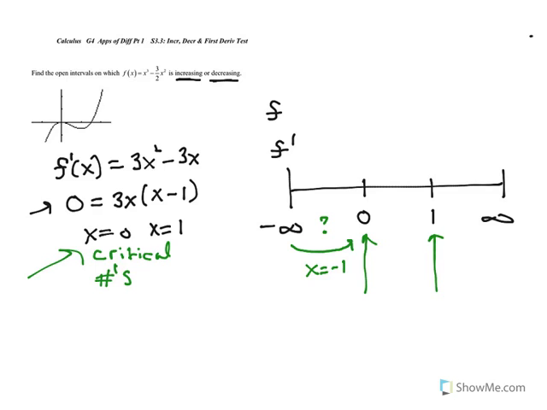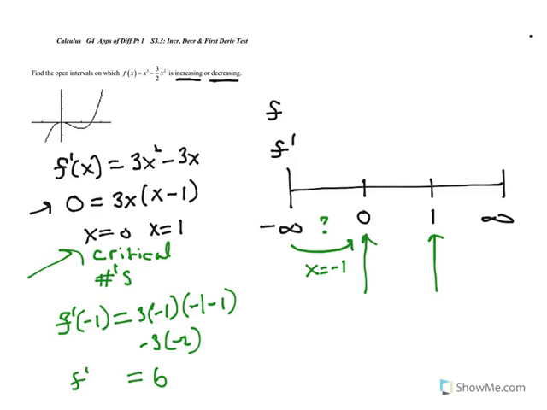So if we put negative 1 back into f prime, and we plug that value back into f prime. So if we do 3, negative 1 is going to go in, and then negative 1 minus 1, so that's going to get me negative 3 times negative 1, that's negative 2. So that's going to be positive 6.